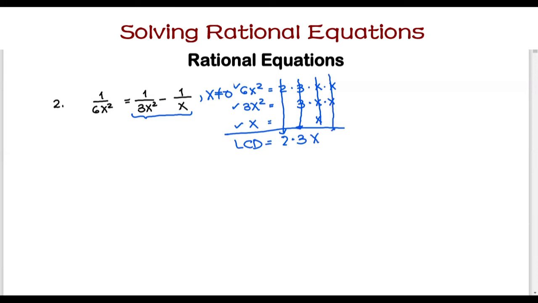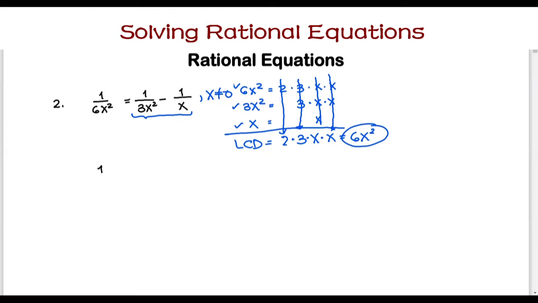Ito, para dun sa isa pang x. And then, we get the product. So, what is 2 times 3? 6. 6 times x, 6x. Times x, you will get 6x squared. Ito ang LCD.